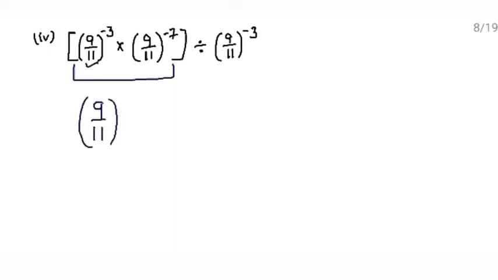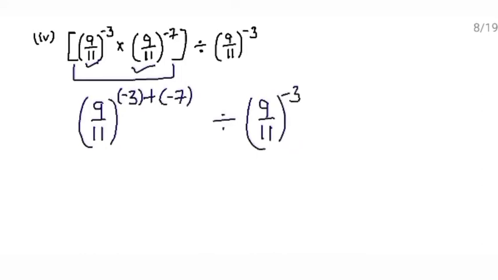We are multiplying them, so powers will be added. Minus 3 plus minus 7, divided by 9 upon 11 raised to the power minus 3.